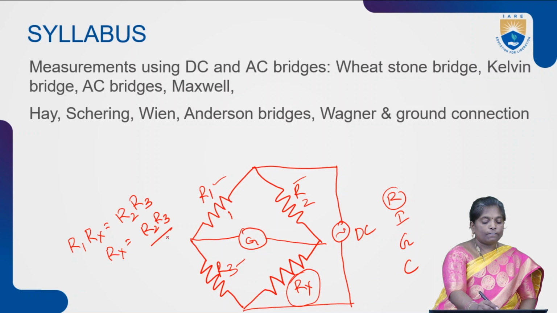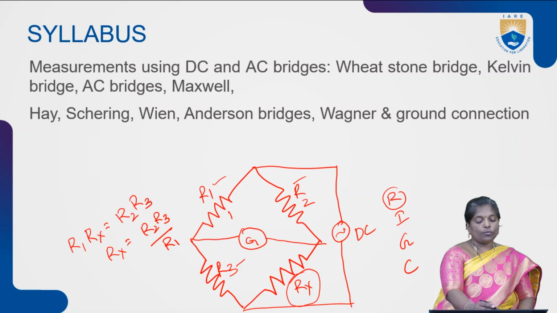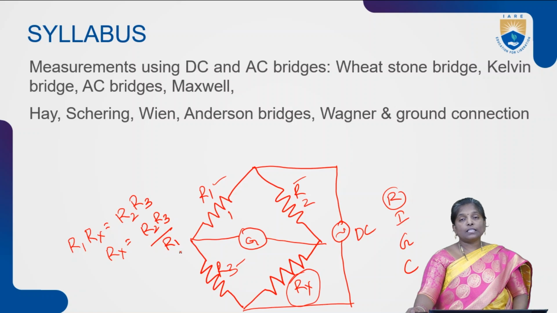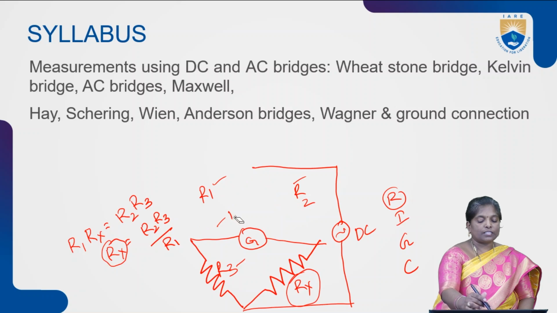From this, we can write R1 into Rx equal to R2 into R3. From this, unknown resistance Rx equals R2 R3 by R1. In a similar way, we can measure these unknown parameters, whether we have resistance or if you have a capacitance parameter, here we can represent in terms of capacitance.